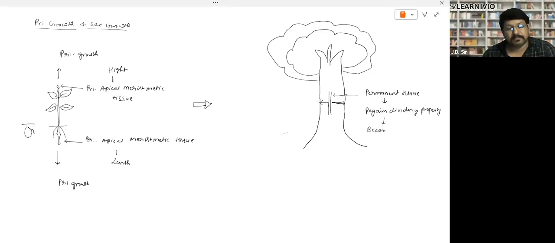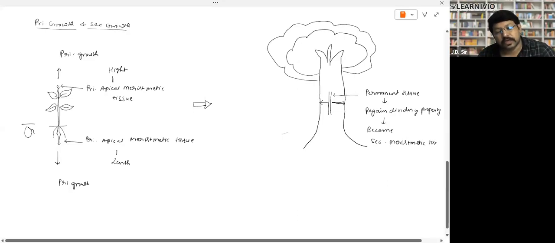They became secondary meristematic tissue. Why? Because they were not there since birth. After birth, at the adult stage, they became meristematic. They regained the capacity of division. So we will call them secondary meristematic tissue.